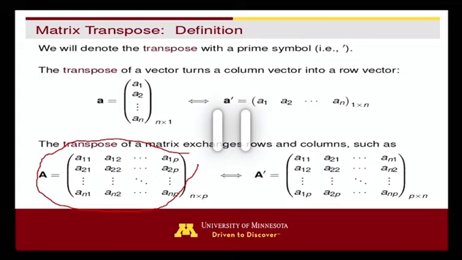Finding the transpose, the elements in the row will be converted to columns. Take a look at this element, it is going to occupy that position. You see that? You convert row to column, and you do the same for all.